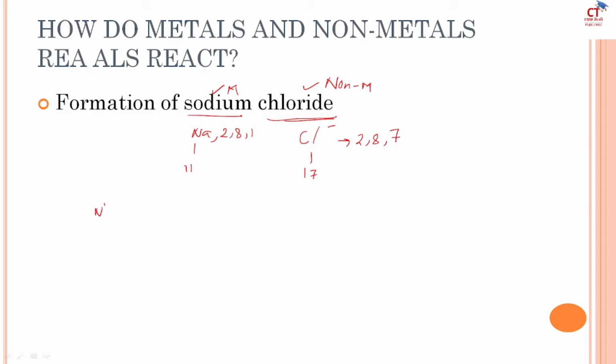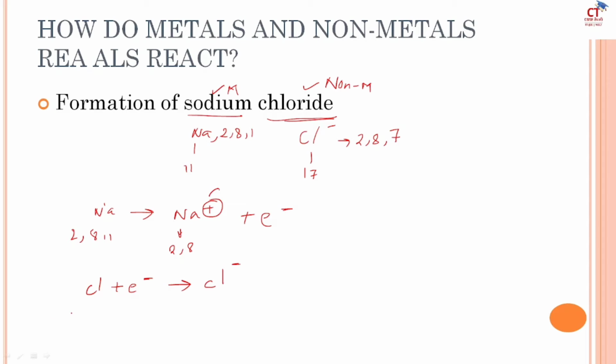Okay, see Na, what will it do? Na has 2, 8, 1. It will lose an electron and get a positive charge. It loses an electron and the electronic configuration becomes 2, 8, and it has lost an electron. This electron gets accepted by Cl, and it becomes Cl minus.